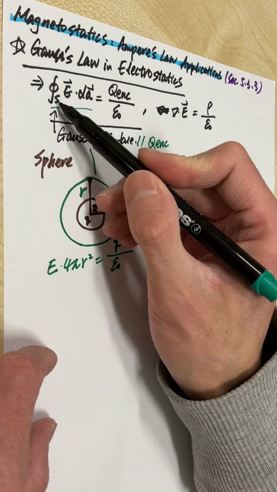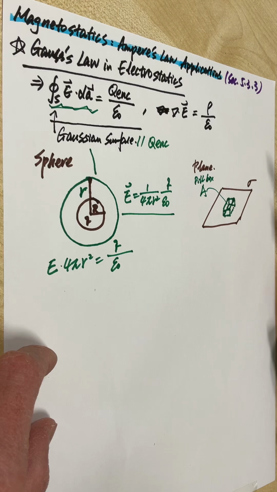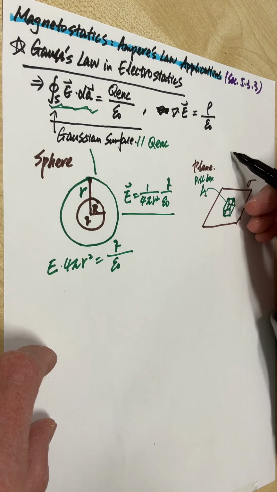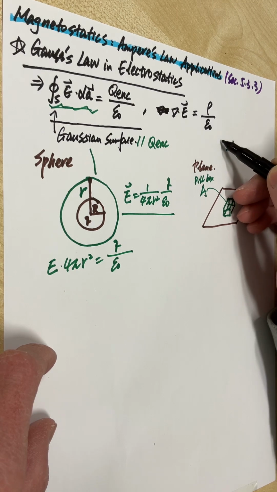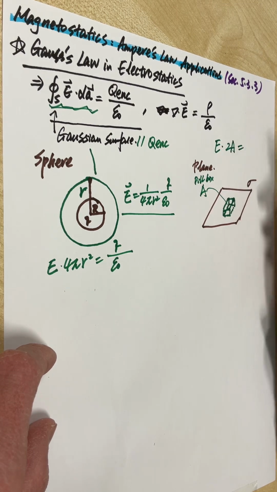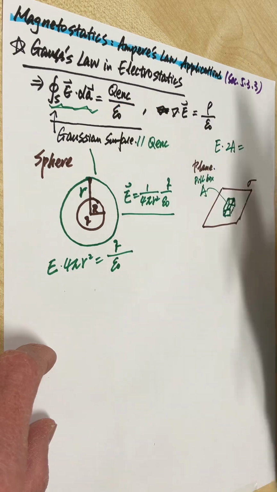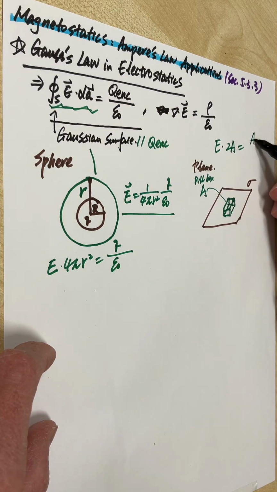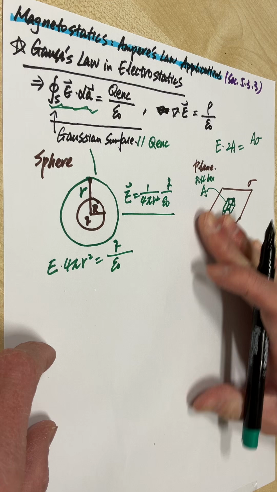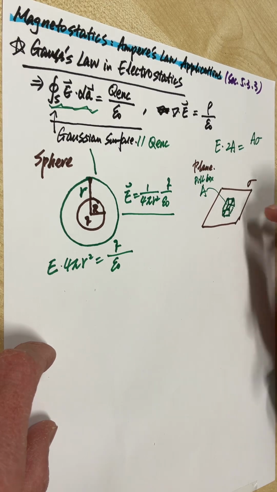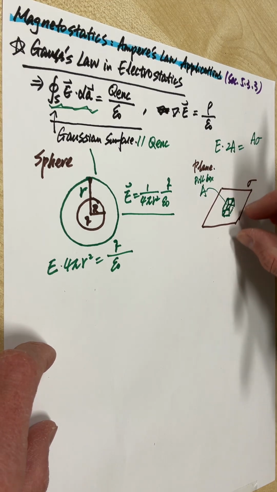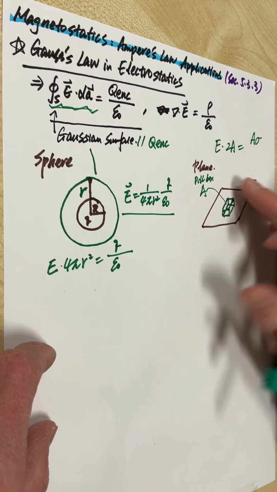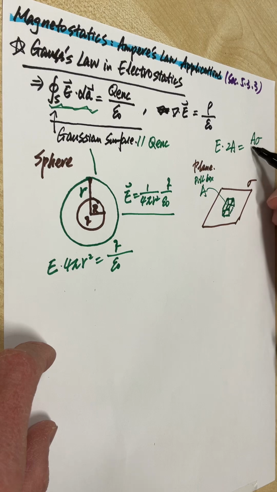Now on the left hand side, the total area enclosed would be 2A, times E. On the right hand side, the total charge enclosed should be A sigma, because we only have one surface, and the projection of this pillbox on the plane is just A. So A sigma divided by epsilon zero.